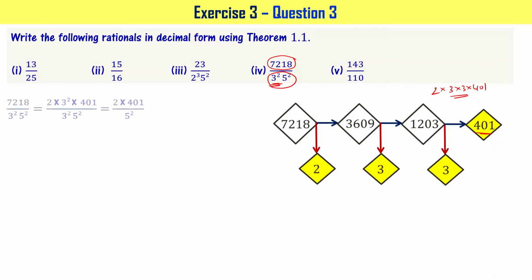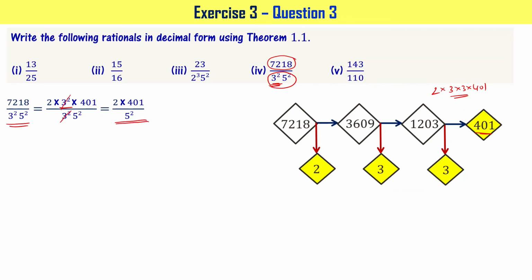Let me write that. 7218 divided by 3 square times 5 square now can be written as 2 times 3 square times 401 divided by 3 square times 5 square. Let me cancel these two. Now what I have is 2 times 401 divided by 5 square.